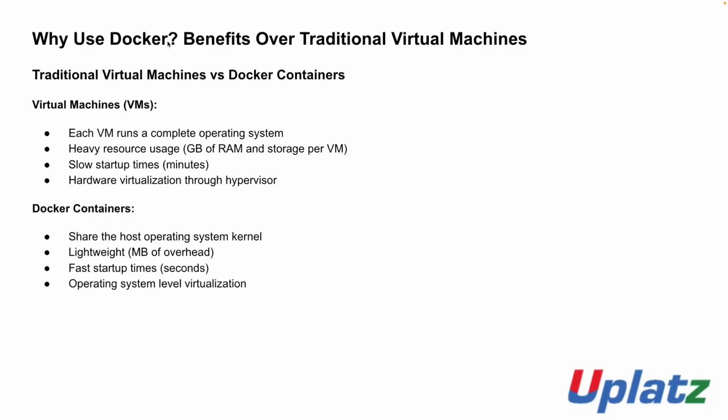Why use Docker? Benefits over traditional virtual machines. Traditional virtual machines versus Docker containers. Virtual machines, or VMs: each VM runs a complete operating system, with heavy resource usage, GB of RAM and storage per VM, slow startup times in minutes, and hardware virtualization through a hypervisor.